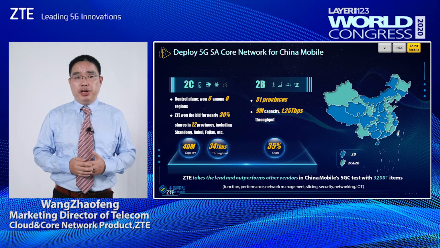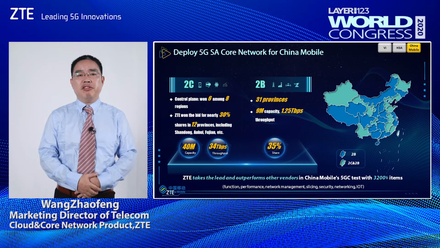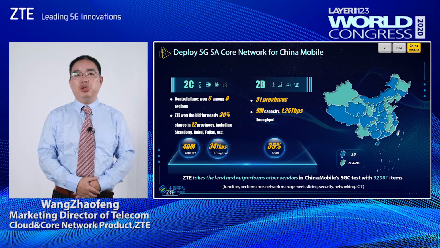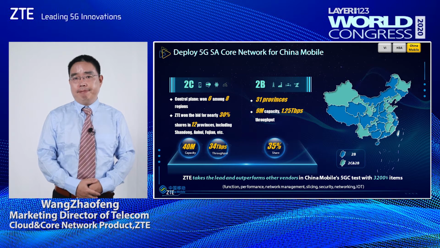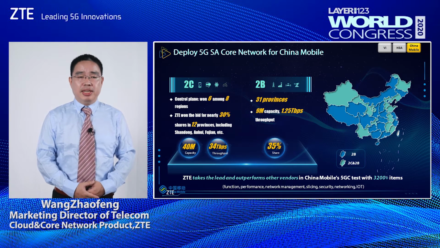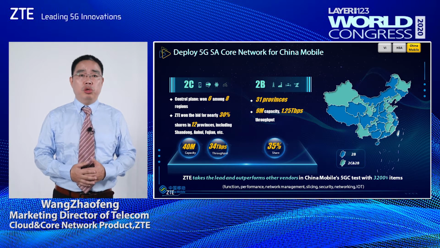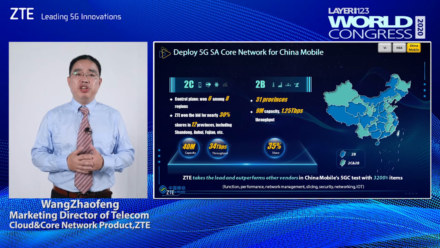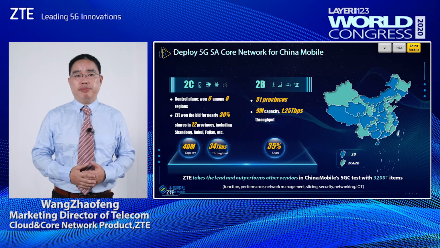In April this year, they announced the result of centralized procurement of new 5G SA core network equipment in 2020. For the public-oriented to-customer network, ZTE adopts the Common Core solution to win the bid for nearly 30% shares of 20 provinces in 6 regions.